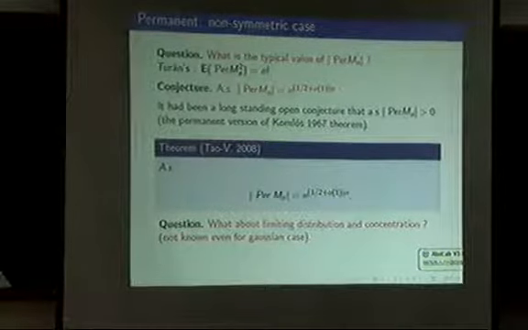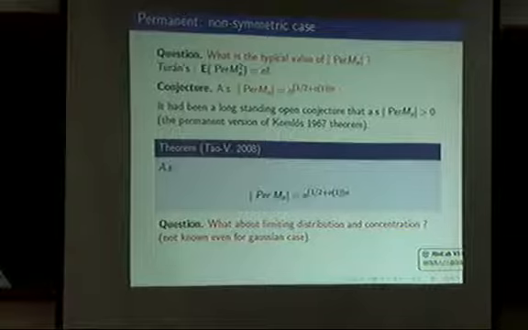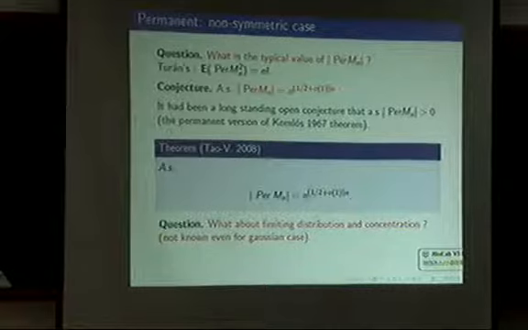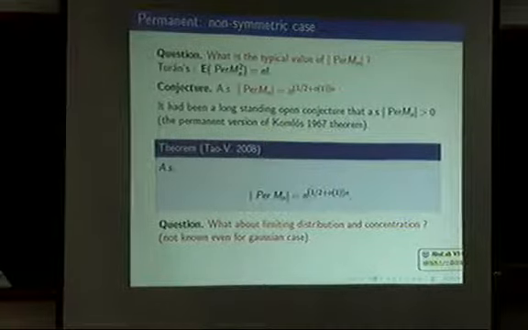On the other hand, it was a long-standing open conjecture that the permanent is not 0. Right? So it is a permanent version of Komlós's theorem from 1967. It has been open for quite a while. And the reason is that for the determinant or for the singularity problem, it's very important to use a linear algebraic or geometric interpretation.